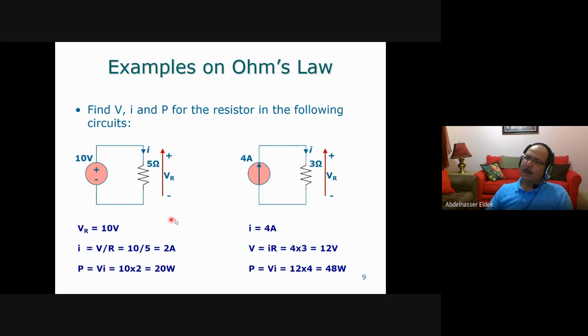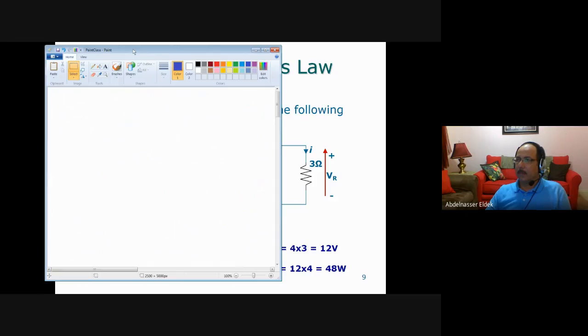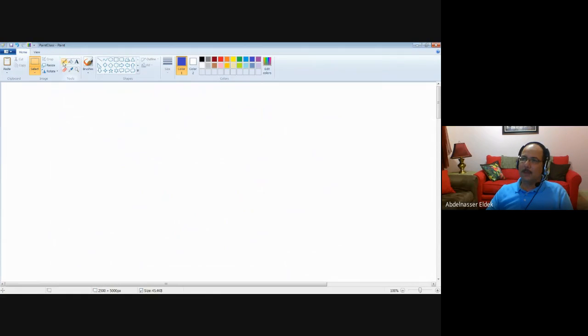Okay, so now once you know VR, then you can calculate the current. How do you calculate the current? Use Ohm's law, V = IR. Remember, you always need to calculate one of two things: voltage or current, or power later on.